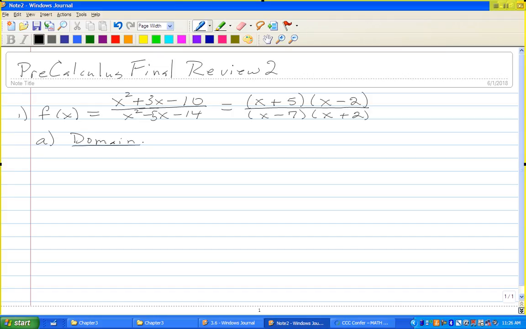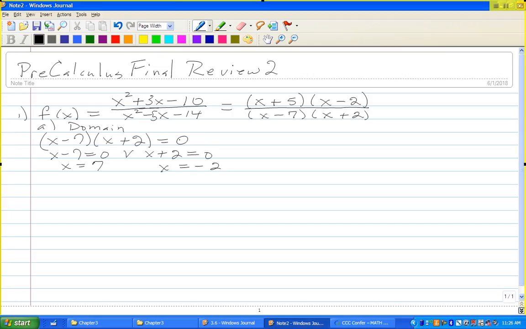And so let's set the denominator to 0. It's defined everywhere except when the denominator is 0. So I'll set the denominator to 0 and solve for x. Setting each factor to 0, I have x is equal to 7, or x is equal to negative 2.